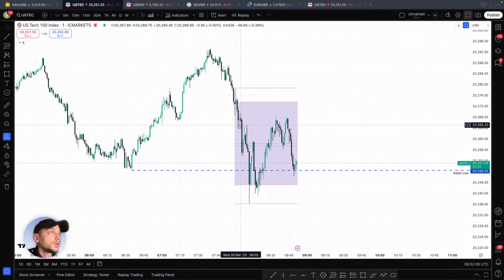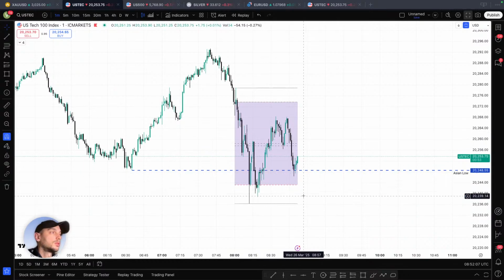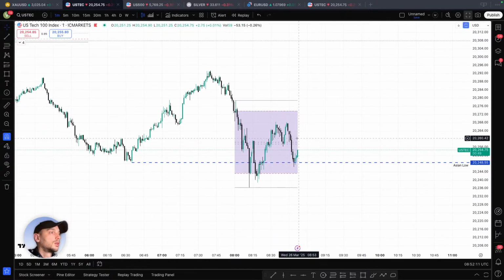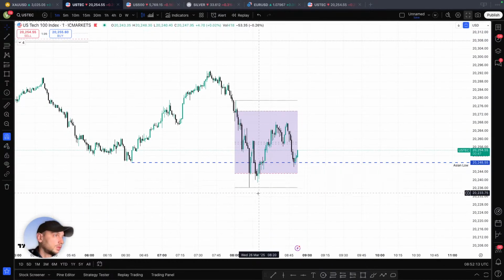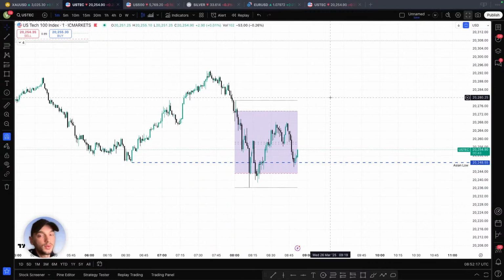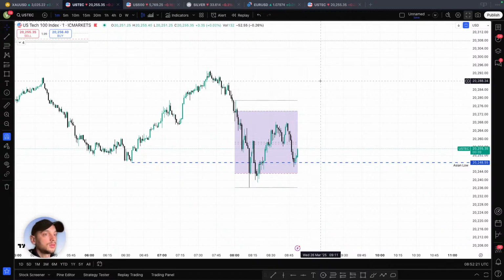For now, what we see, we open here at Nasdaq, we came down, up, down, up. This is a range. We went short here. We wanted to see the price go even lower. This didn't happen. So these choppy ranging conditions are not ideal.